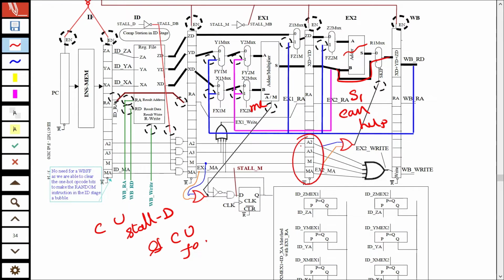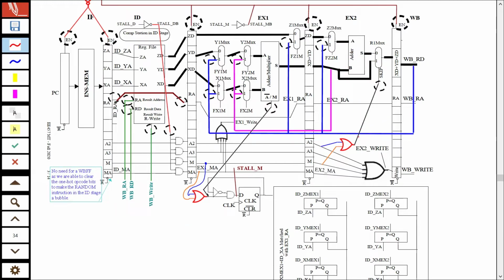Well, look at these who do not use this, and as evident from this OR gate, if I'm an A2 or M, I don't need you, and hence I say take this path. And I also say, look, juniors, I can help you. So this pink line says I can help you.